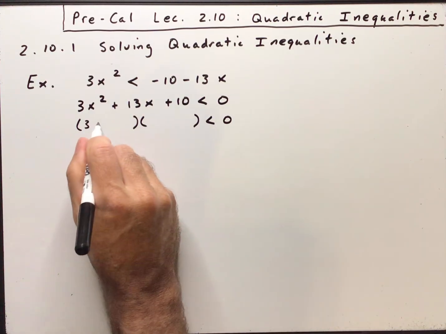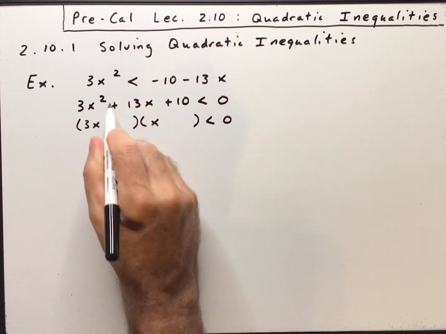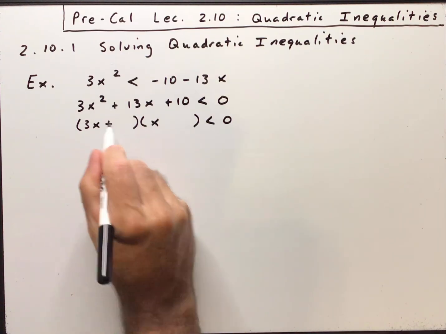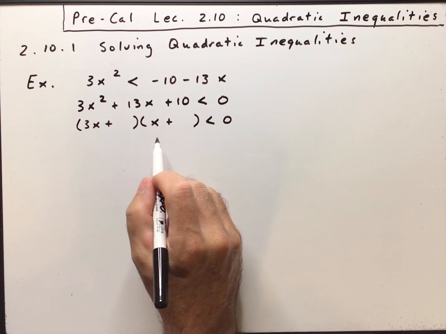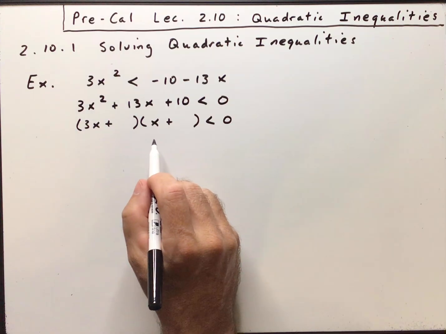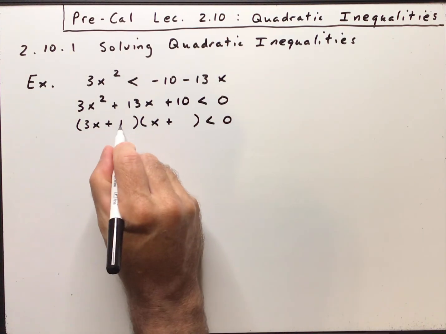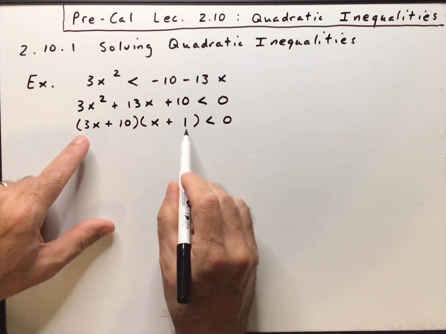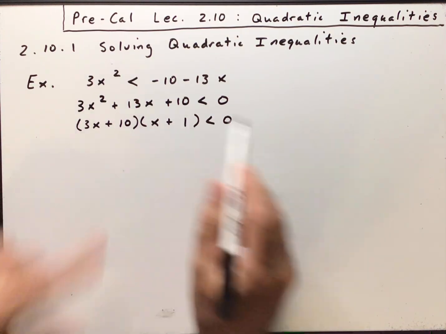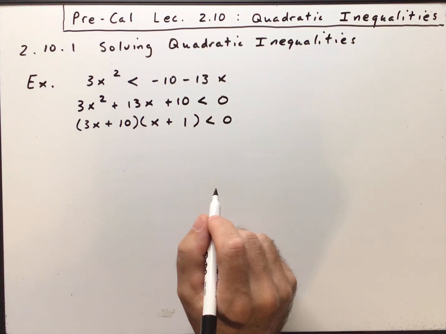Okay, I've got 3x, x. Everything's plus here, so I know it's got to be plus. And how about, let's see, 10 and 1? That's going to give me 3x squared plus 10x plus 3x, and then plus 10. So, yeah, easy.